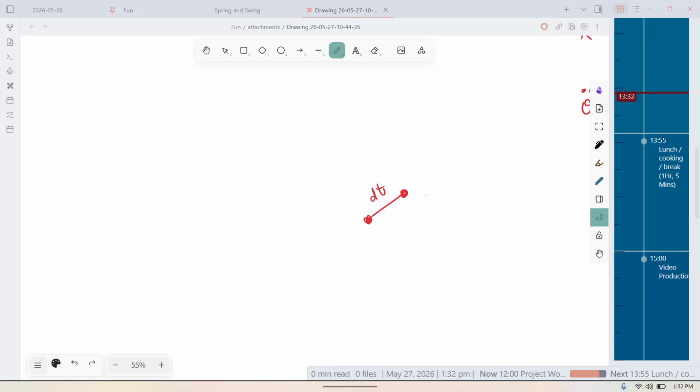But you would notice that maybe the slope here is this, right? And certainly if this is a smooth curve, the slope would be changing going from here to here.